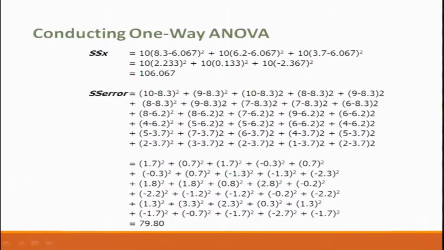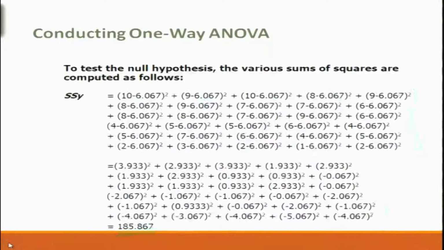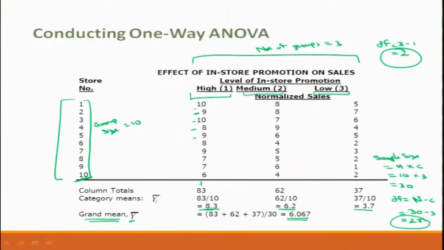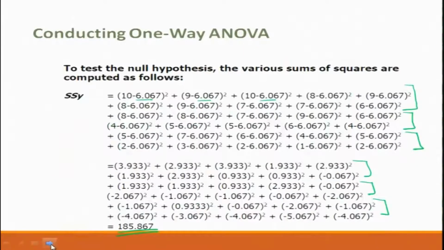Similarly, we have SS between. If you see, this was the between means, the grand mean: 10 minus 6.067, then this 10 minus 6.067. This is nothing but the difference between the category means and the grand mean: 8.3 minus 6.067, then 6.2 minus 6.067, then 3.7 minus 6.067, whole square.